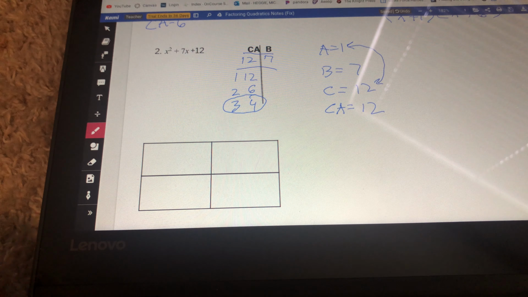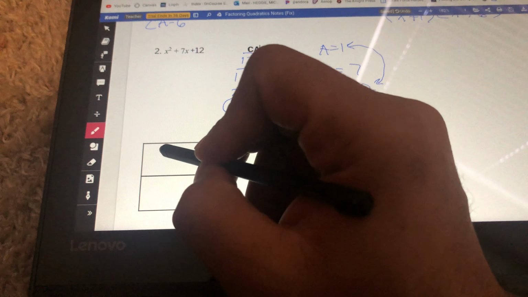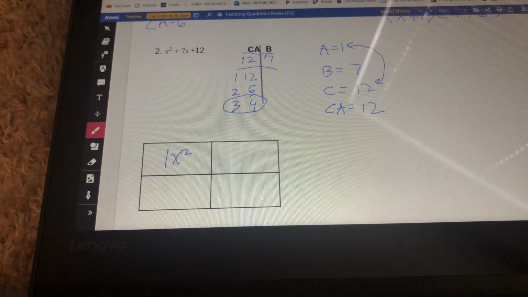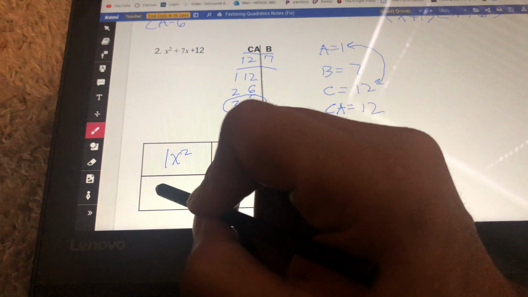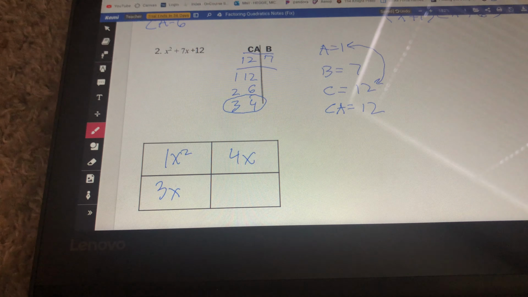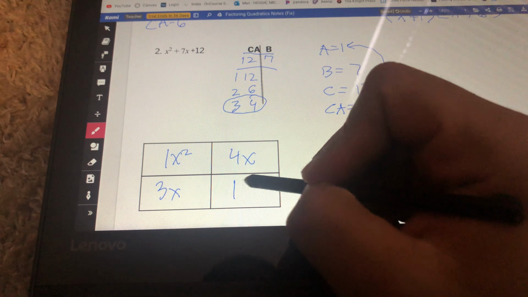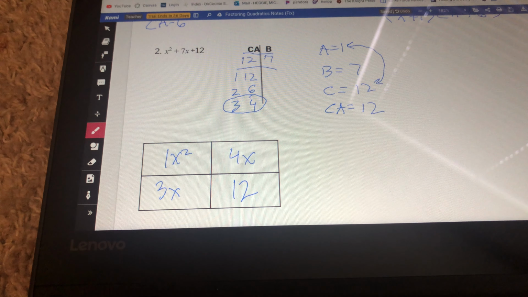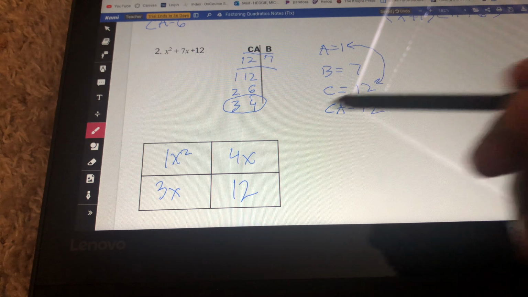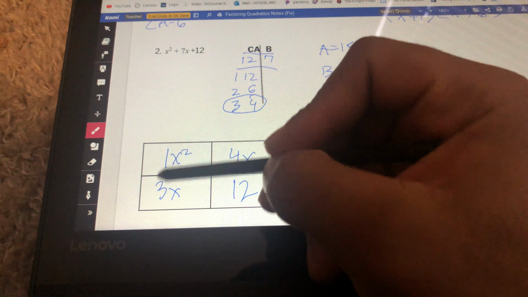So now I just fill in my box. Ax squared goes here, so I'm going to do 1x squared. Then you get 3x here and 4x here. Down here, I'm going to do 12. So now I just need to factor out the GCFs. So I ask myself, what does 1 and 3 have in common?